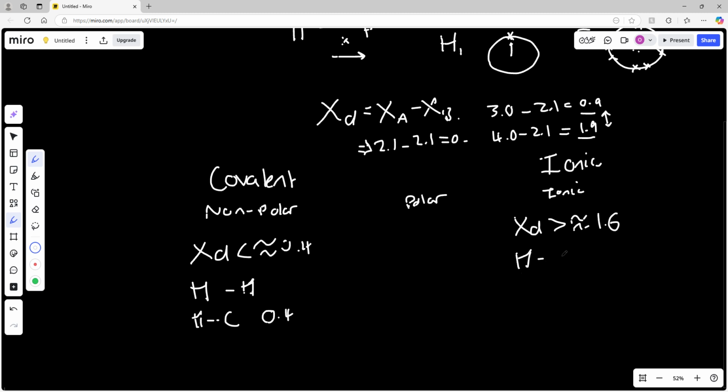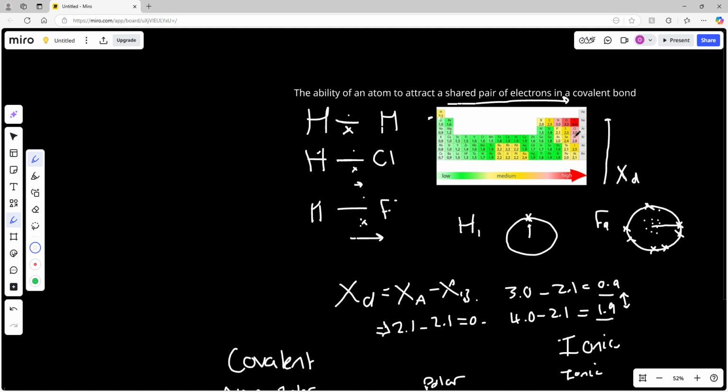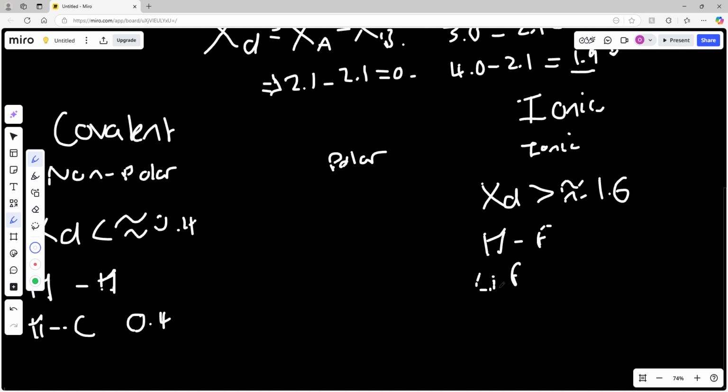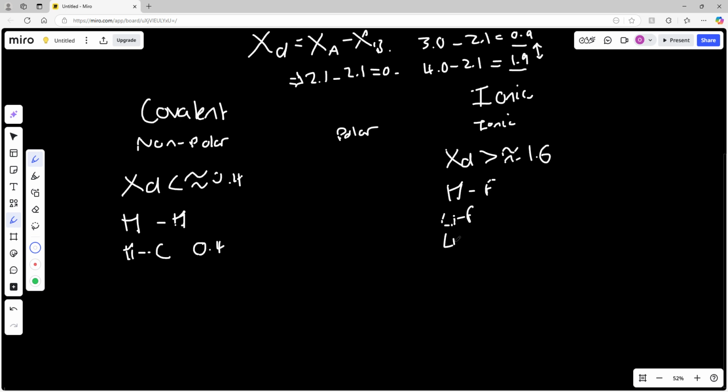Then obviously you've got our regular salts, like lithium fluoride, because lithium is 1 and fluorine's 4, same with lithium chloride, it's 1 and 3. Then we can also look at magnesium bromide. That's a difference of 1.6, which makes it ionic.